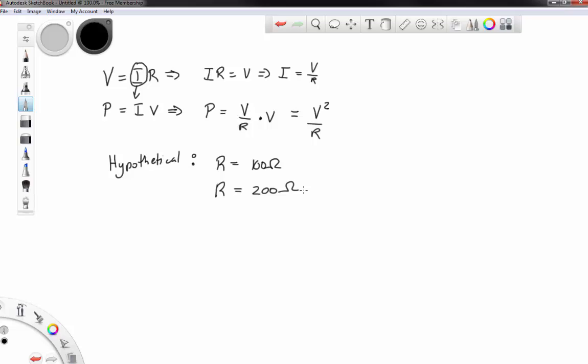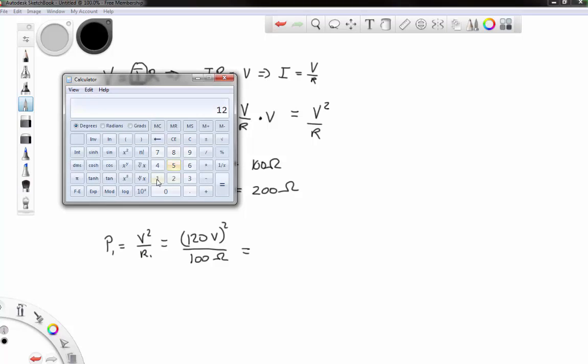Let's see which one of those two gives us a bigger number for the power. Let's call this R1 and this one R2. So P1 is going to be V squared over R1, so that is 120 volts squared divided by 100 ohms.